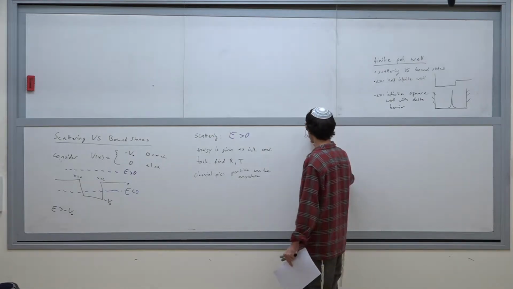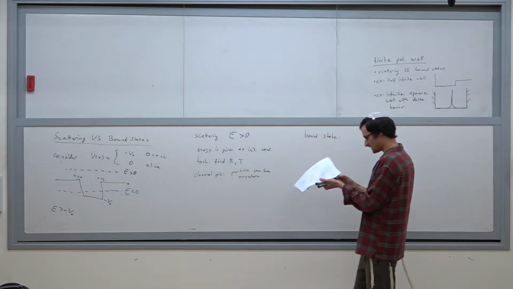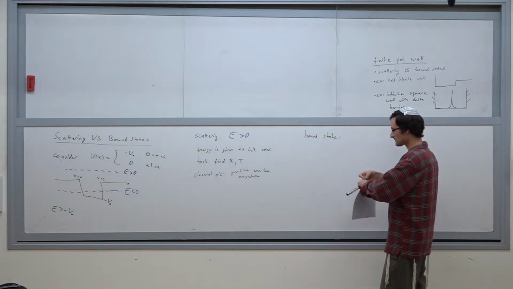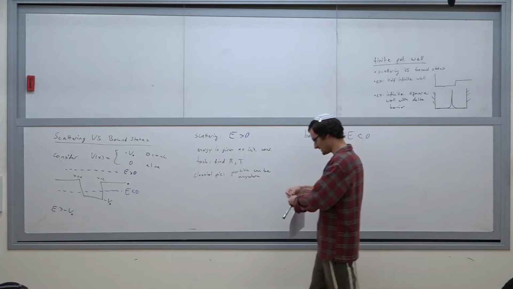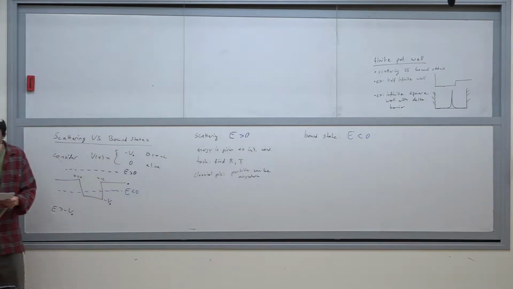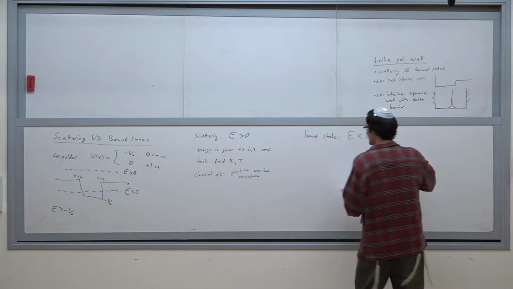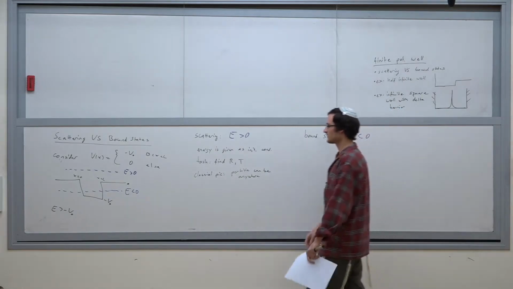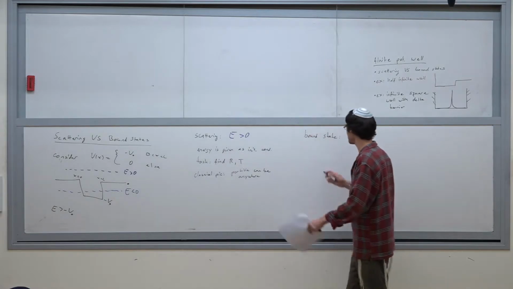What we're going to talk about today are bound states. And bound states, what we get in the blue case here, when E is below 0, E is negative. In this case, the particle will be inside the potential well. And because it's inside a potential well, we expect discrete energy levels.